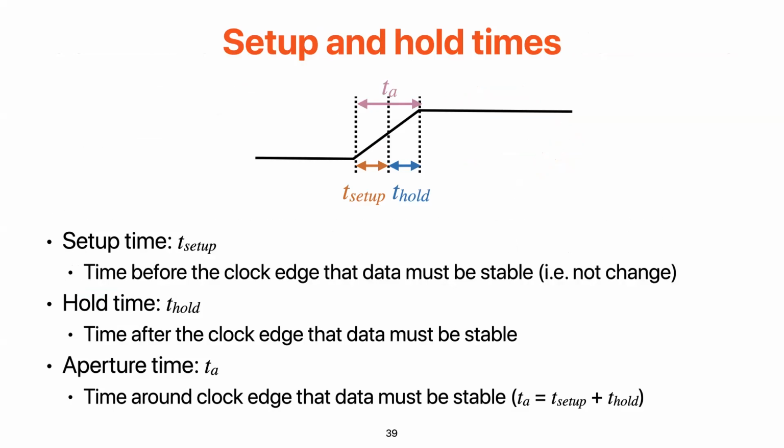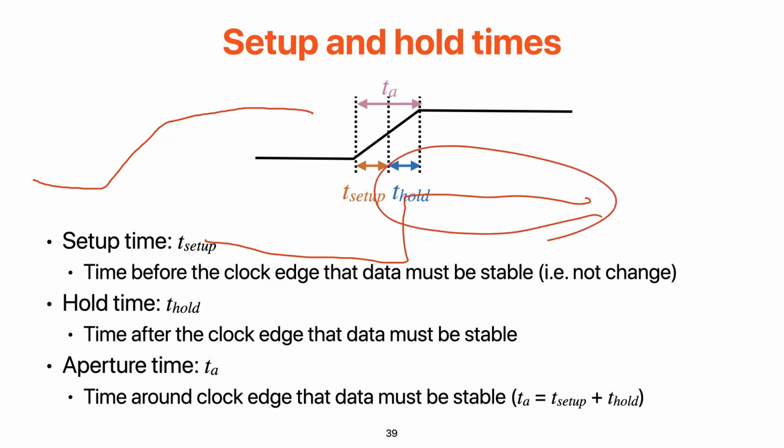So you think the clock signal is like this. However, as you know, the clock signal is actually not rising immediately. It has a slope, right? So there is a period of time that the signal is not going to be stable and your circuit will start working here.